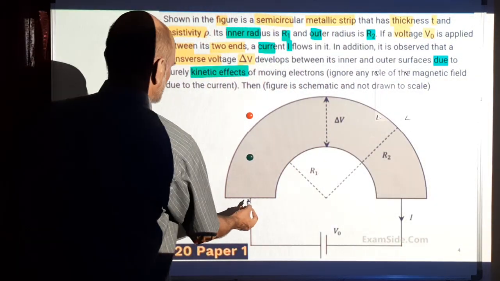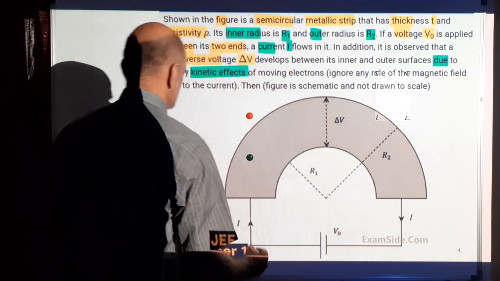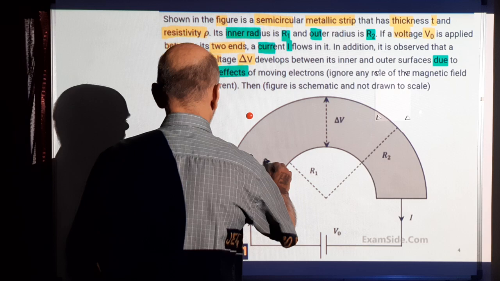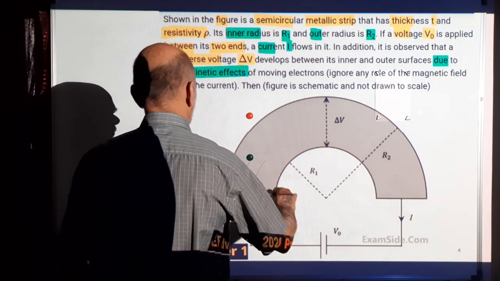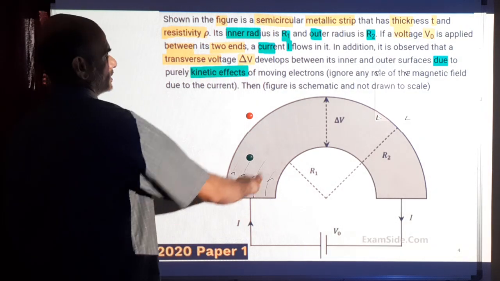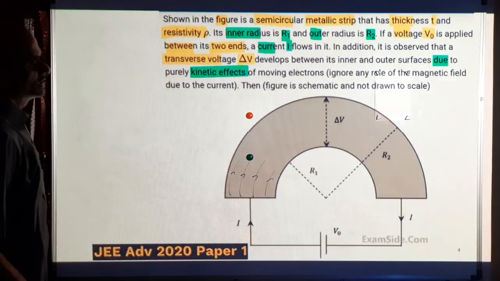So the current is entering like this and coming out like this. So the current will flow tangentially and come out like that.